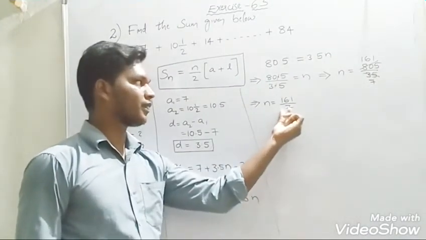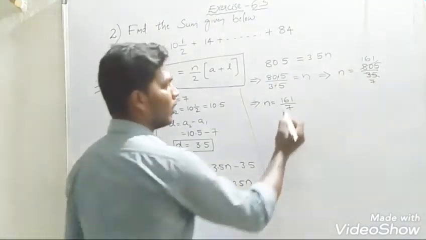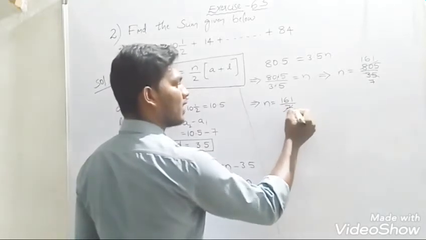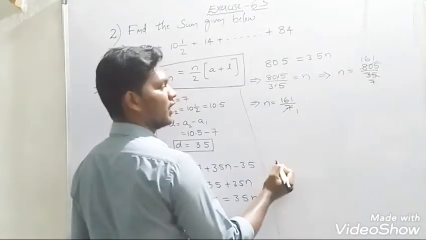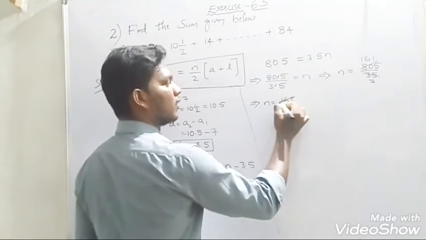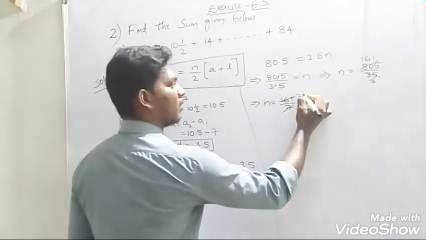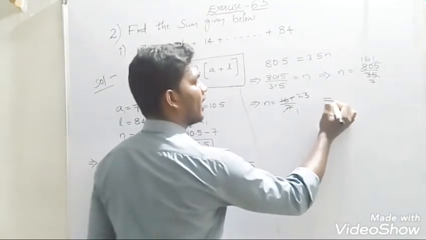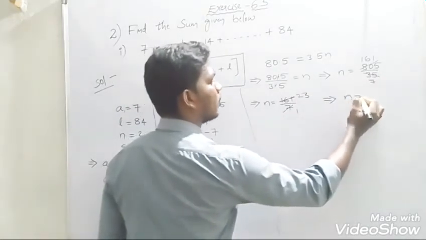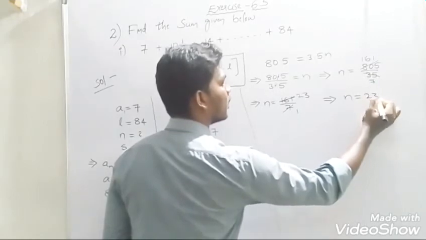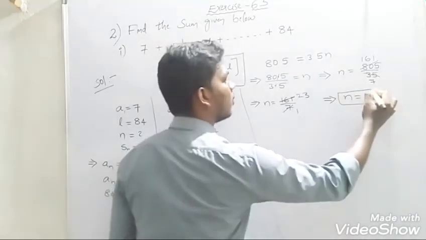Again see friends, cancellation. 7 ones are 7 and 161. That means 7 twos are 14 and we have 21. That means 7 threes are 21. So finally we got n is equal to 23. N is equal to 23.